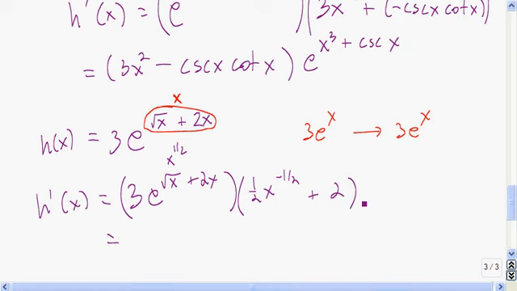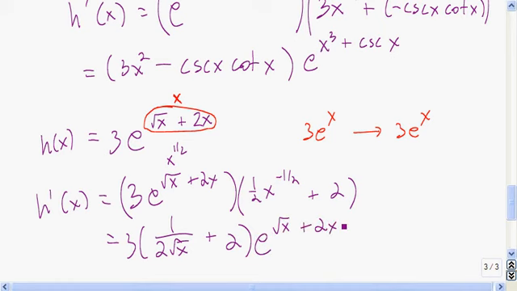So here we get 1 over 2 root x plus 2, times, I'll put the 3 out front here, e raised to the root x plus 2x. So that's our derivative there.